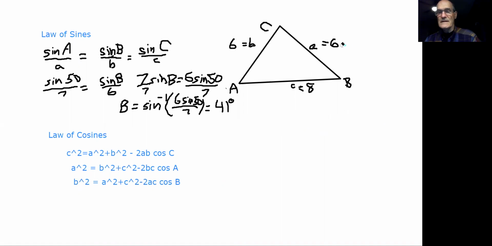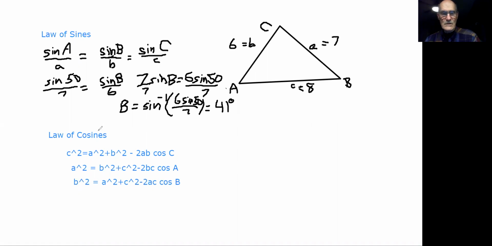So let's say this is 7. So I would have 3 sides of a triangle. And I can take either one of these formulas. If you look at this triangle, if there's an obtuse angle, it's going to be at angle C. So I'm going to solve for angle C to start with.